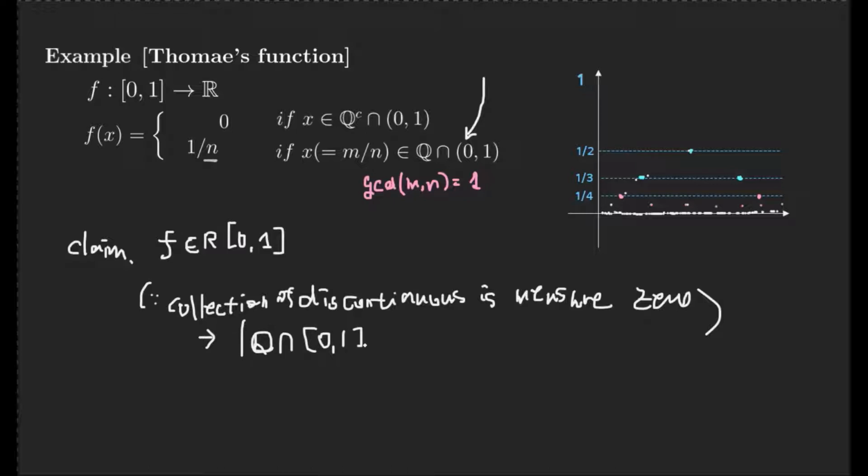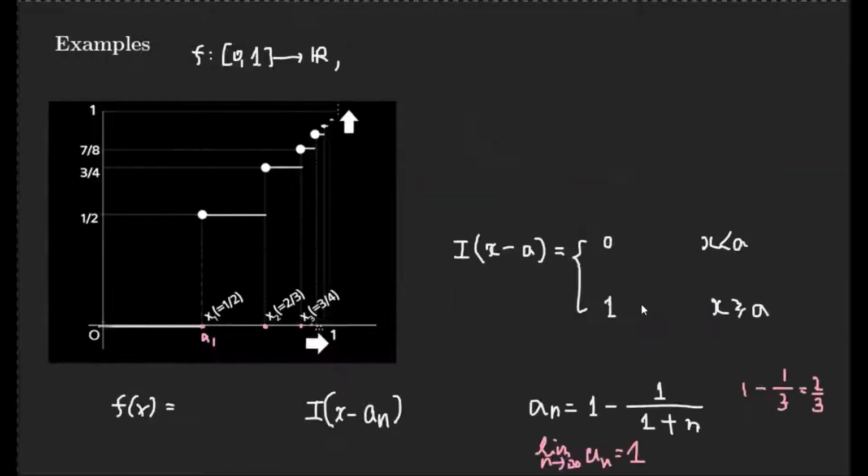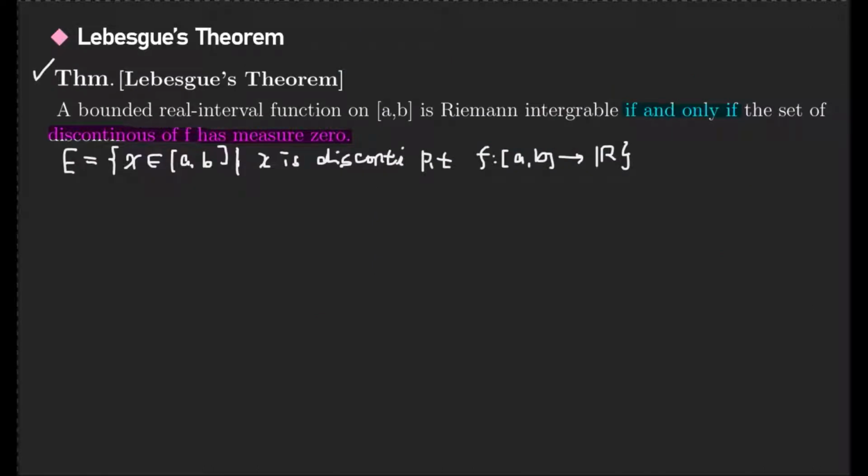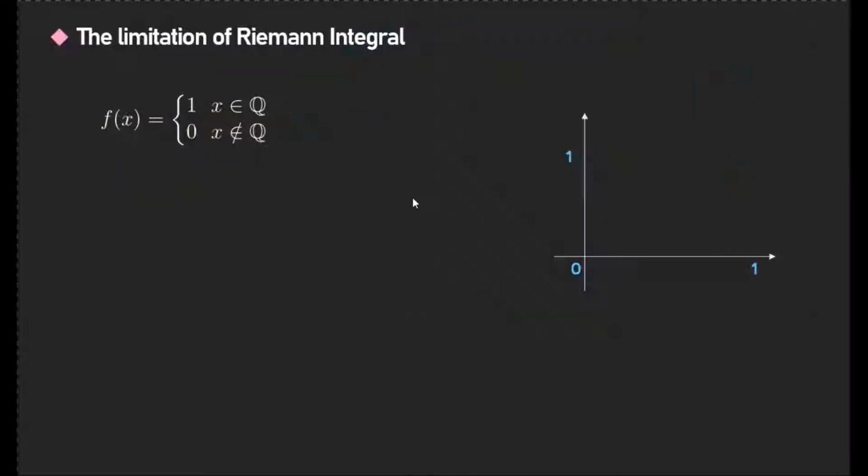Their cardinality is countable, so the measure is 0. Because the discontinuous points form a countable set, which has measure 0, by Lebesgue's theorem, this is Riemann integrable. It is an if and only if condition.